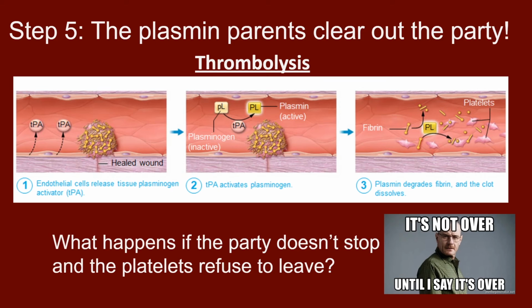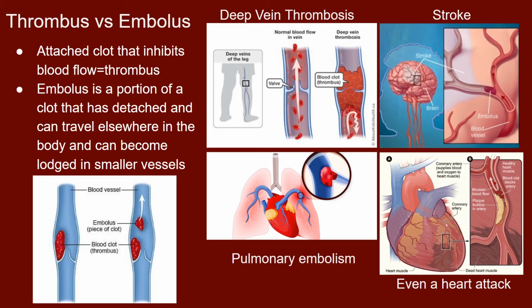Now, of course, all of this is what happens when things go as planned. But what happens if clots do not obey the rules? When clots form in areas that then prevent blood flow, it's called a thrombus. These clots can even break apart and become mobile, getting lodged in smaller vessels, and this is referred to as an embolus.